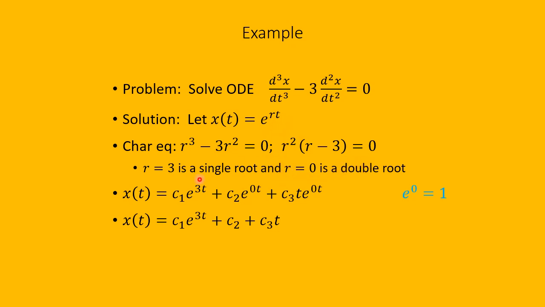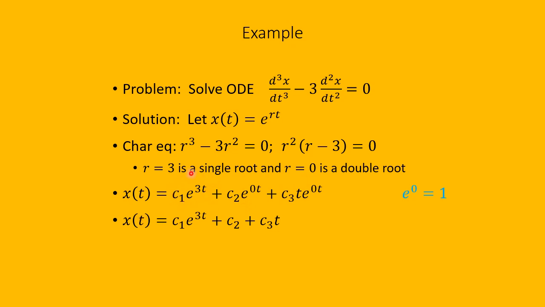So in that case, our solution x of t has to look like this. It's going to be c1 e to the 3t, since 3 was a single root, plus c2 e to the 0t, plus c3t e to the 0t, since r equals 0 was a double root.